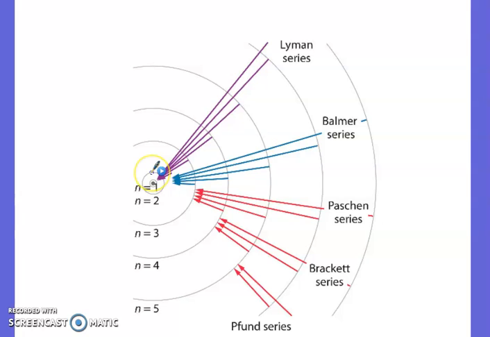So the electron may jump from 2 to 1, from 3 to 1, from 4 to 1, from 5 to 1, etc. In Balmer, the electron starts from 3 to 2, 4 to 2, 5 to 2, etc. to infinity. Then you get the visible and ultraviolet.